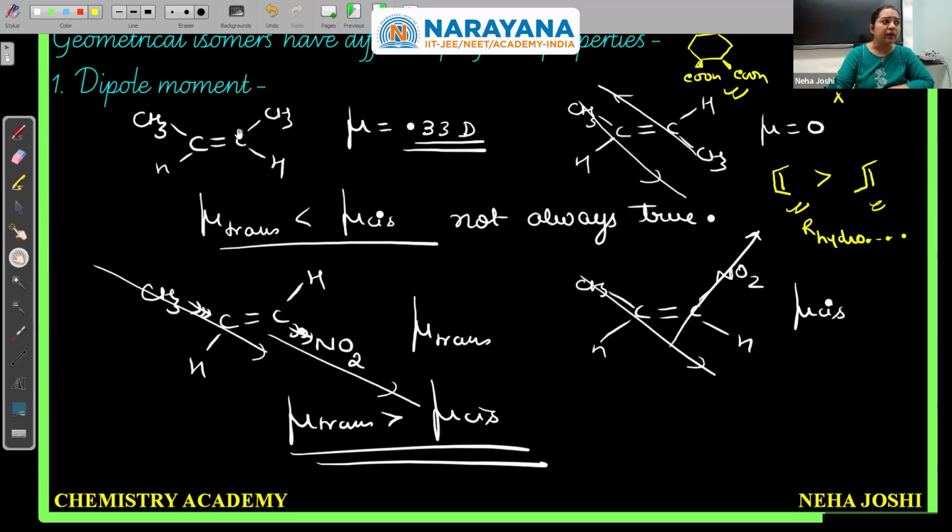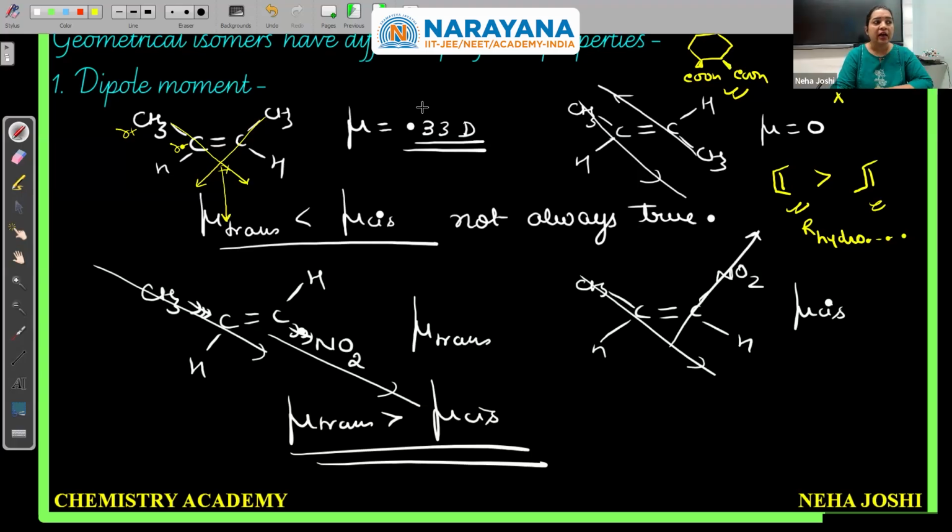Right. For example, if this butene is considered, I can say yes. If I talk of the dipole, relatively this is more electronegative. So negative pole, positive pole. This is directed this side, right? This is directed this side. And we have some resultant dipole directed this side.